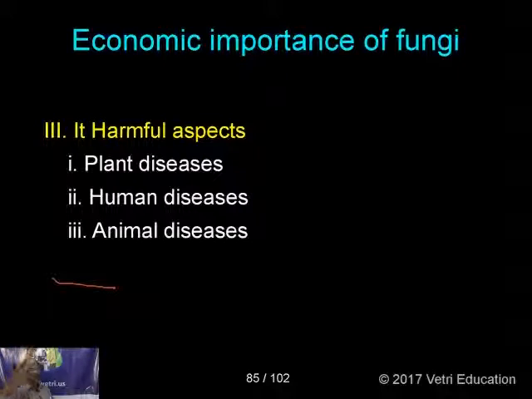So far we discussed only the beneficial aspects, and now we see the harmful aspects. In this we see plant diseases, human diseases and animal diseases. Now let us see the plant diseases.